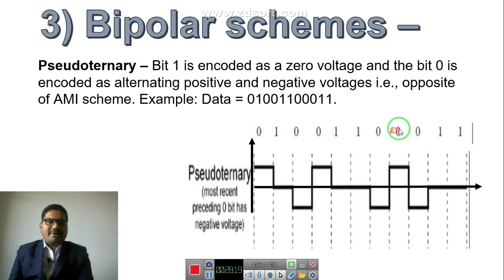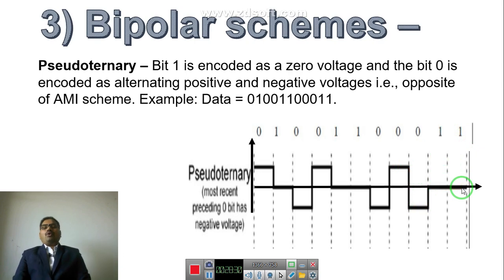After that again bit 0 is positive, and the next bit is 0, so it should be negative, and the last two bits are 1, so there is 0 voltage. Hopefully you also understood AMI and pseudo-ternary, which come under the bipolar scheme.